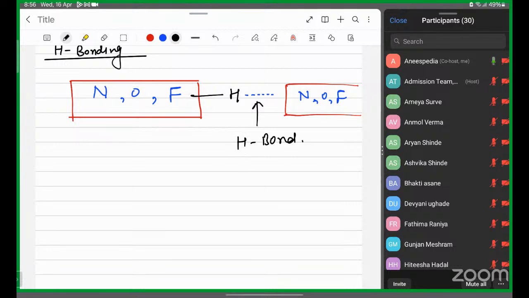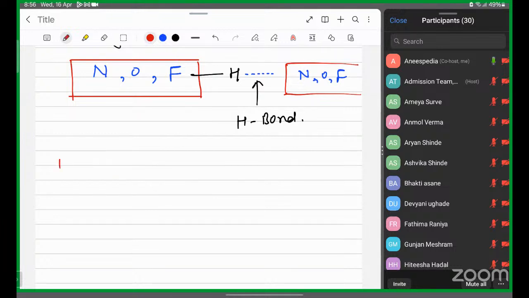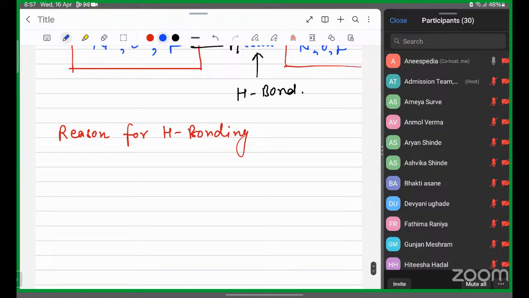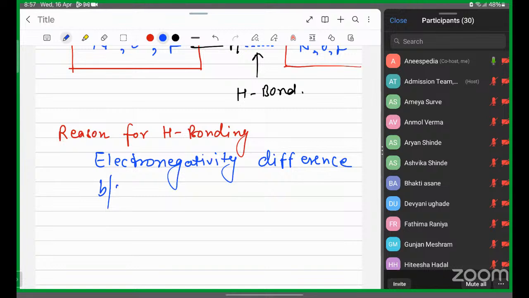Reason for H bond is electronegativity difference. If someone asks you what is the reason for H bonding, the reason for H bonding is electronegativity difference between fluorine, oxygen, nitrogen, and hydrogen.